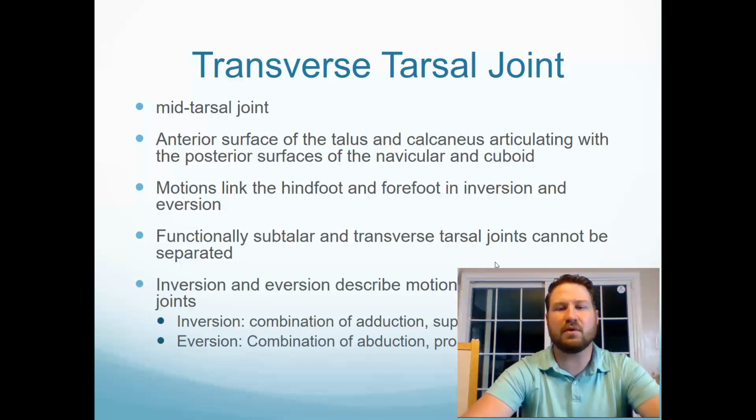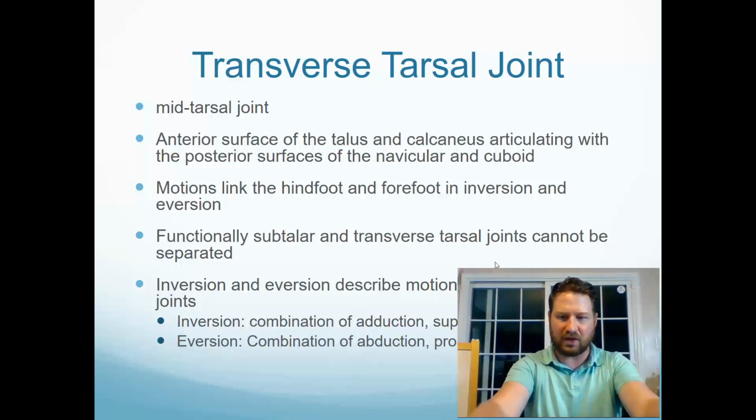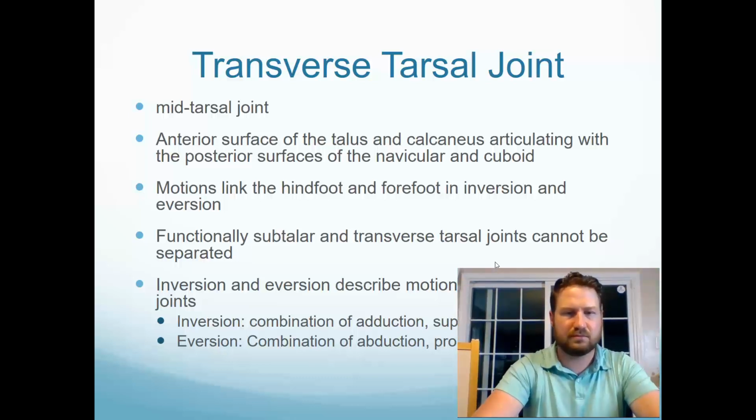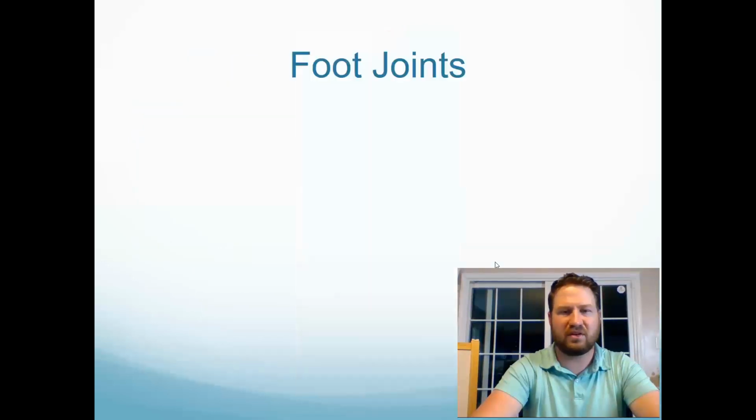Inversion and eversion describe motions occurring at both joints. Inversion is a combination of adduction, supination, and plantar flexion. And eversion is a combination of abduction, pronation, and dorsiflexion. So it's kind of the link between the three.